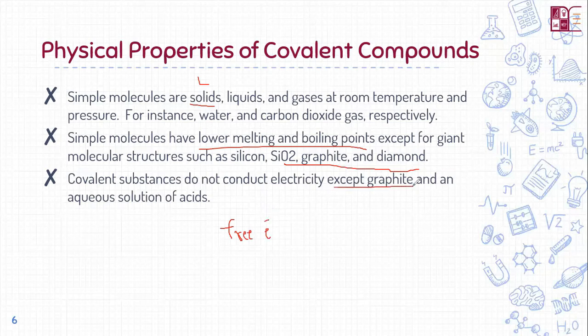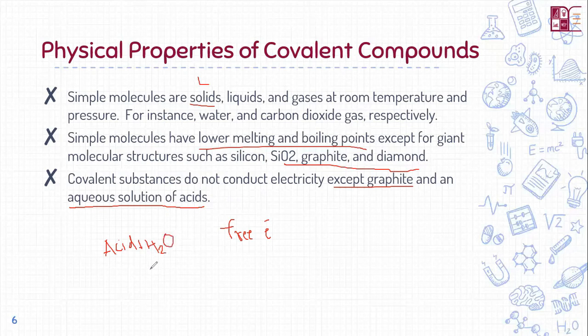So except graphite, there is another exception for the covalent substances. If an acid is dissolved in water, what is going to happen? It is going to form an aqueous solution of the acid, and the bonding will convert into an ionic bonding.